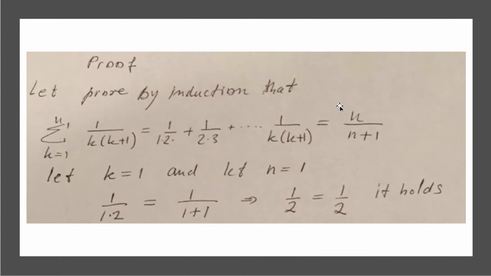And we are taking the right side, and we plug in n equal to 1: 1 over 1 plus 1, which is 1 over 2. So 1 over 2 is equal to 1 over 2. When k is equal to 1 and n is equal to 1, it holds.